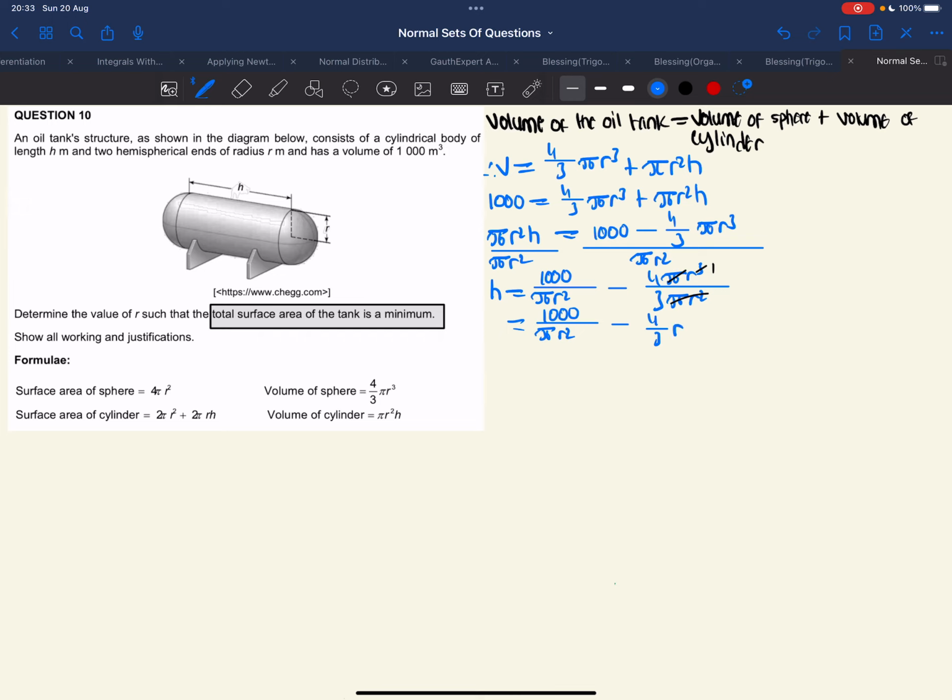So that's the answer that you should have in terms of r. Okay, hopefully that's understandable.